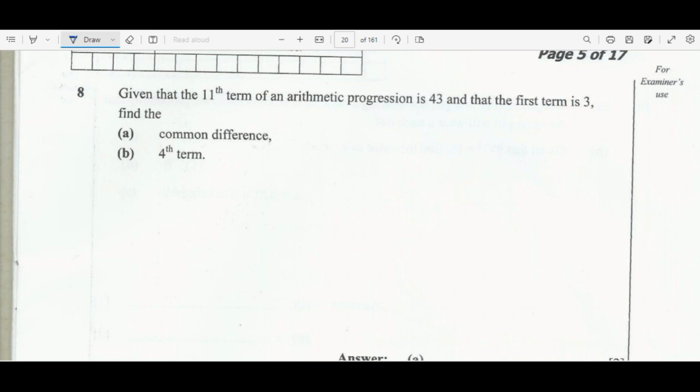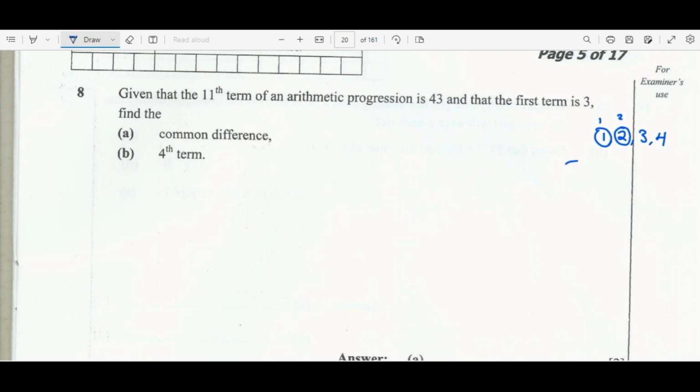So in this case, you'd find that in an event that they've given you continuous numbers, for example, 1, 2, 3, and then 4, and then they'll ask you to find the common difference. Now, what is the difference between the first number and the second number? So here this is the first term, this is the second term.